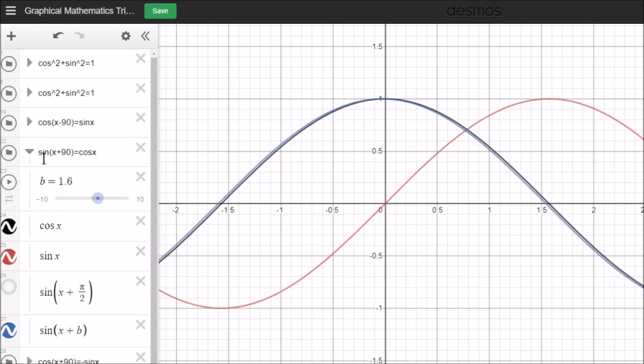So we can see here that sine of x plus 90 is equal to cos of x. Plus 90 means shifting it to the left by 90 degrees and you get the cosine function.